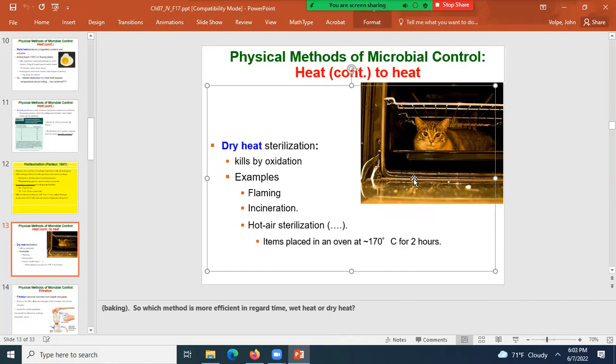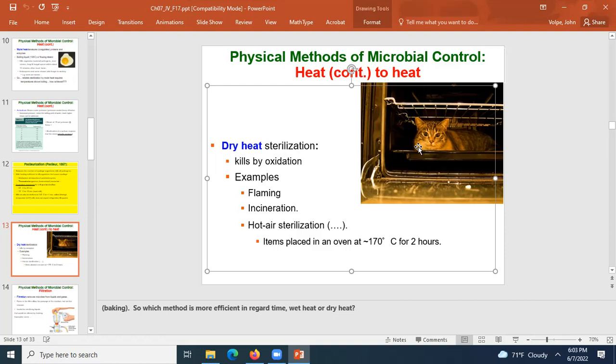For example, when we take stuff out of the oven, we are exposing our hands to that oven temperature. Our hands are fine, because it's a limited exposure to the heat. But you cannot put your hand through steam, because you'll get burned instantaneously.